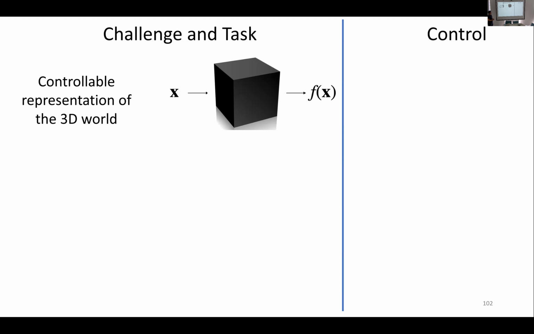And I'd like to summarize. We talked about controllable 3D generation, and I talked about multiple challenges. The first challenge was on controllable representation of the 3D world, and we talked about how we can open the black box of neural fields.